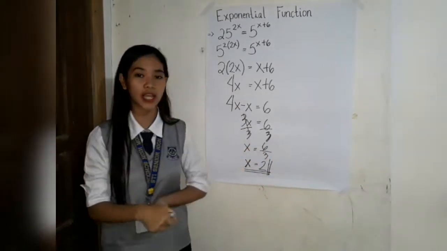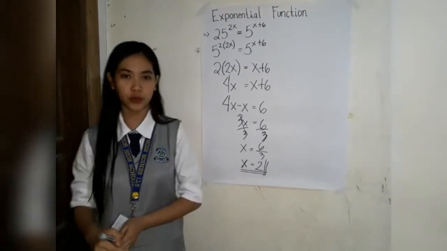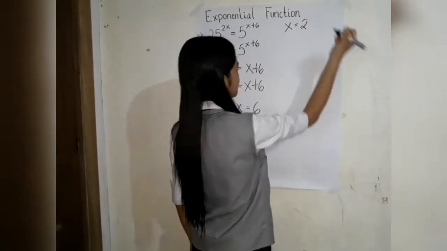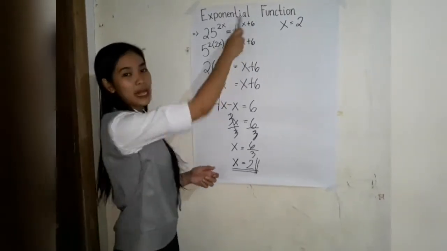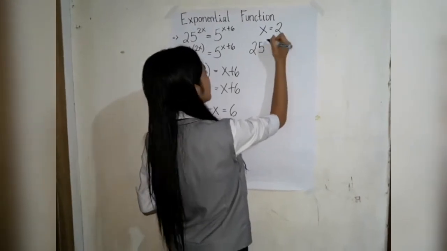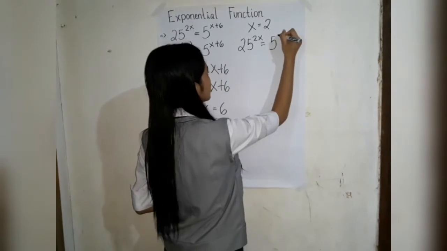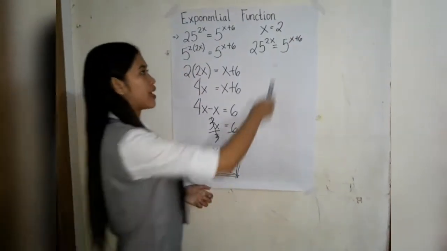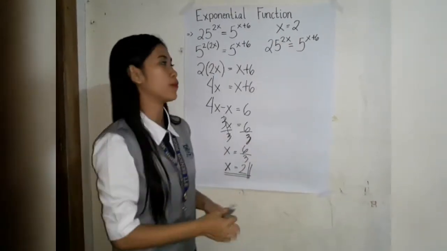In order to check whether our answer is correct or wrong, we will use substitution. So, x is equal to 2. The equation we will use is the first one we used: 25 raised to 2x is equal to 5 raised to x plus 6. We substitute the value of x, which is 2.